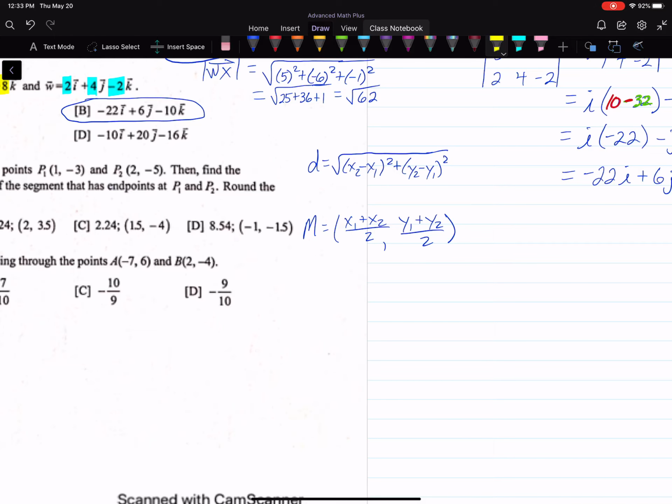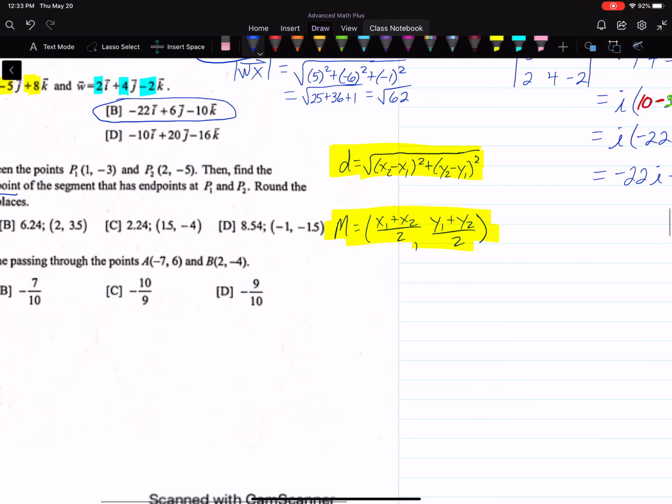So these are two formulas you'll need to know. I don't believe they're on your formula sheet. They may be. I don't think they are, though. Let's look. No, I don't believe those are on your formula sheet. So make sure you know those.